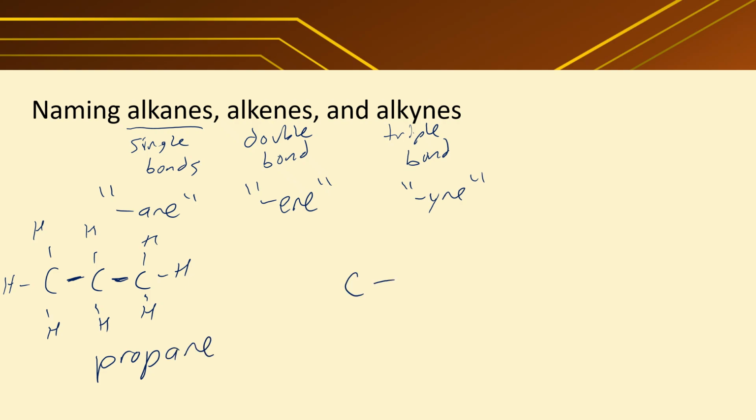If I have this compound here, and then let me fill in the hydrogens. Like this, okay? I have 3 carbons again, so my prefix is still prop, but I have a double bond. That double bond makes the name end in ene, propene.